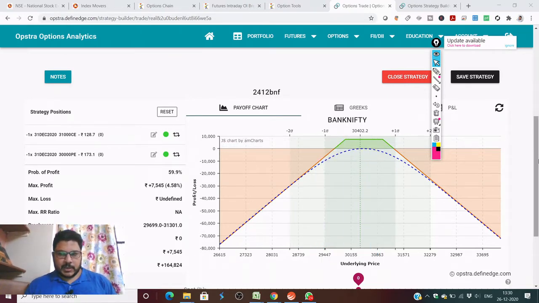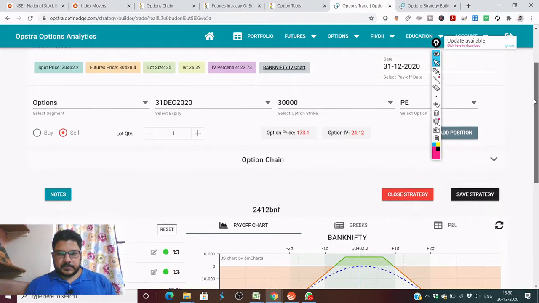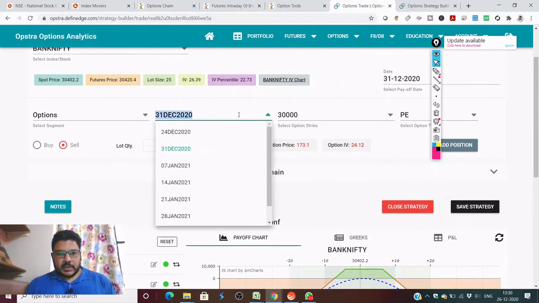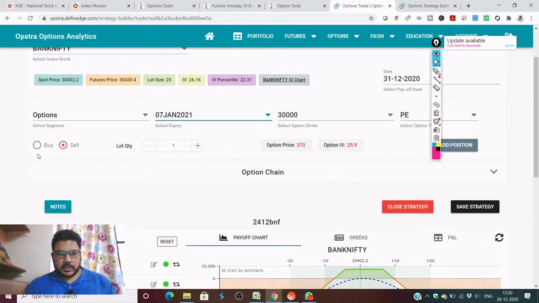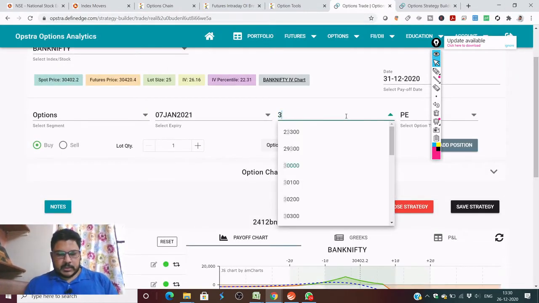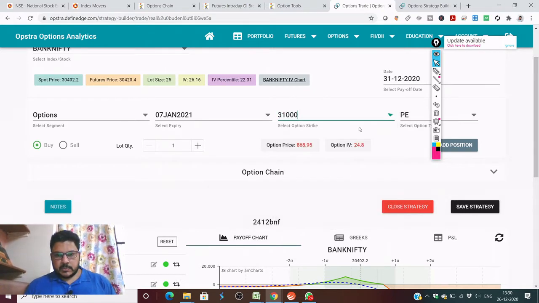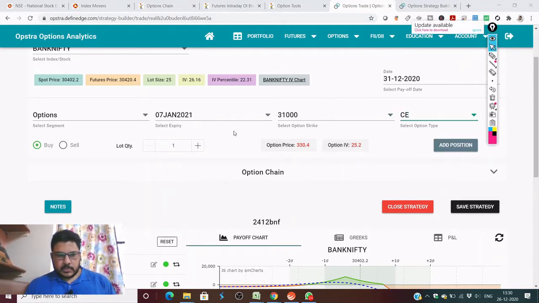So a better way to do this strategy is to hedge it with the next month first week position buy. I am going to add the same 31,000 call here, and I will buy a position of 7th Jan.